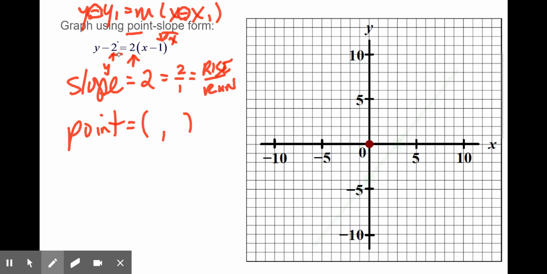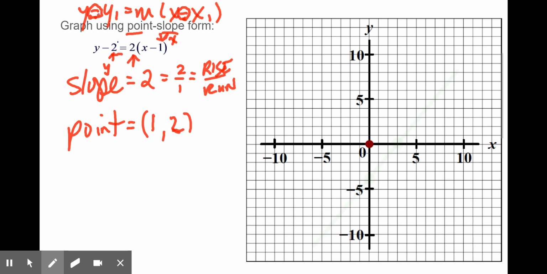But it's not, because the equation itself has a minus sign in it. The point is really the opposite of the numbers that you see. So instead of -1 and -2, the point is going to be positive 1, positive 2. That's because of the minus sign in the formula, which makes you do the opposite.